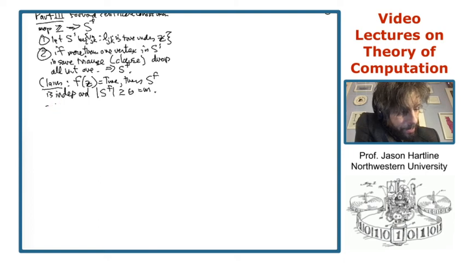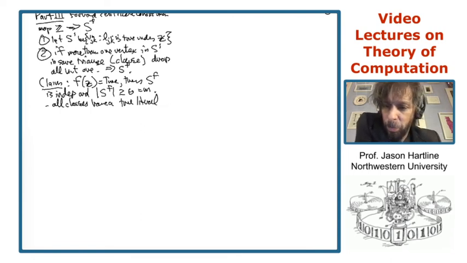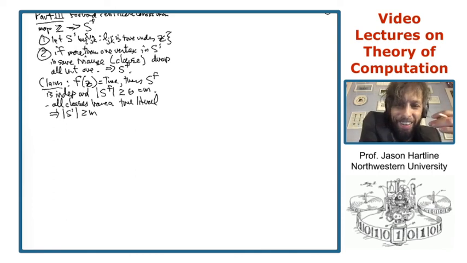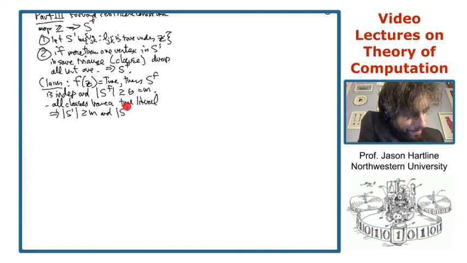So this means that all clauses have a true literal. So S prime is at least m. But now if we throw away extra true literals in each clause, we get down to one vertex corresponding to each clause, and so the size of S_F is exactly equal to m when we throw away all but one in each clause.